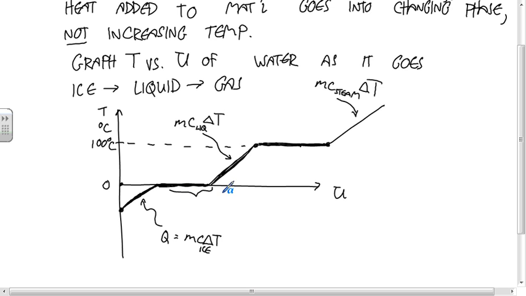This heat is called the heat, not the feet, the heat of fusion. And this amount of energy, this heat, is called the heat of vaporization.